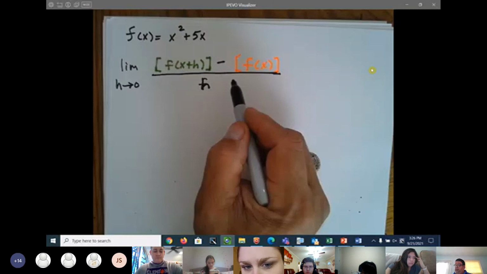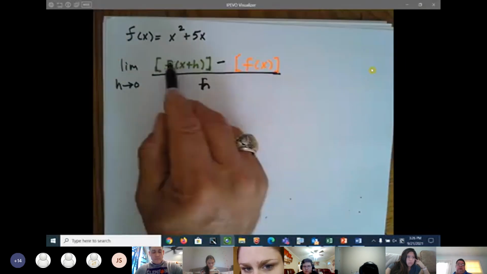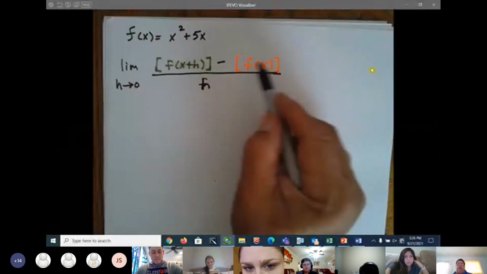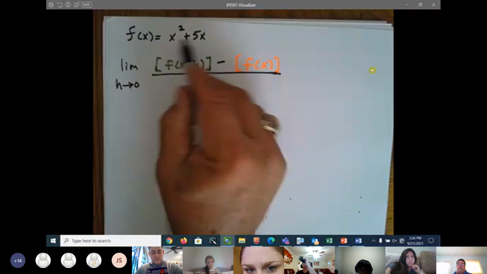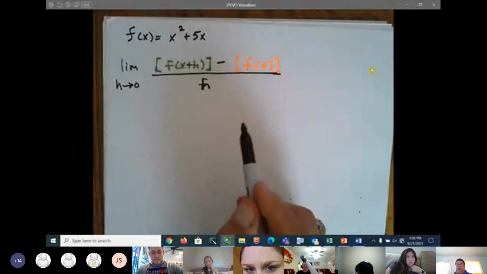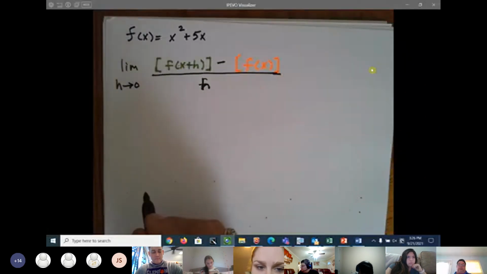And that's why I came up with the colors, because that way you can see that in this case, I'm going to plug in x plus h. And in this case, I'm just going to rewrite what's up here. And that's where I came up with the colors a long time ago. Helped some people. And some people invented the difference quotient, so they don't need it.